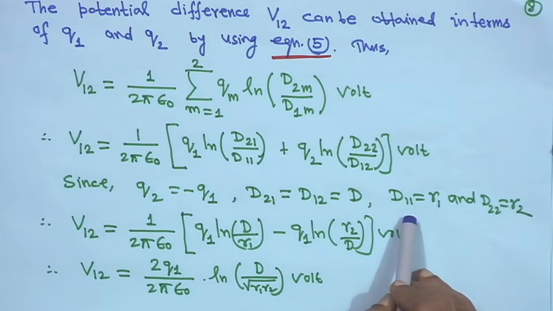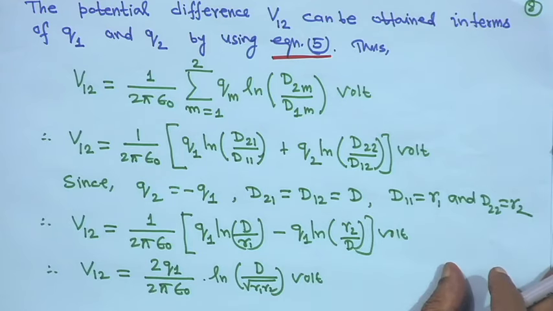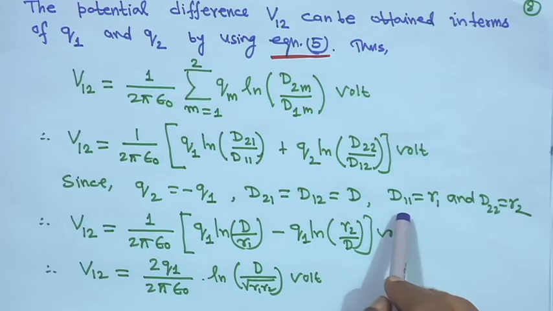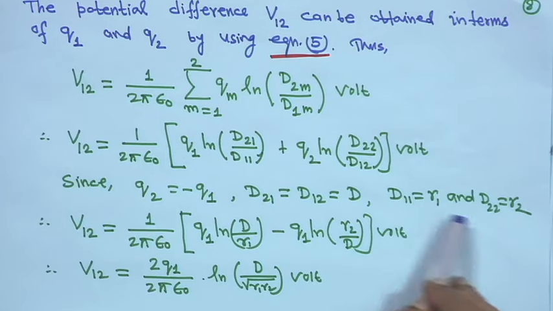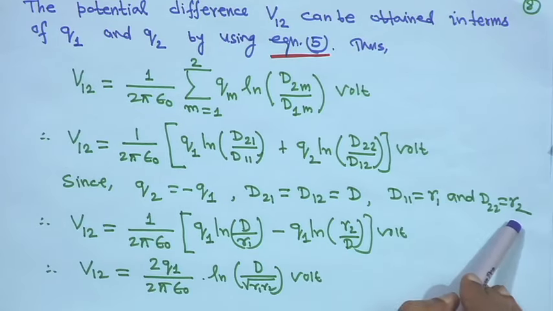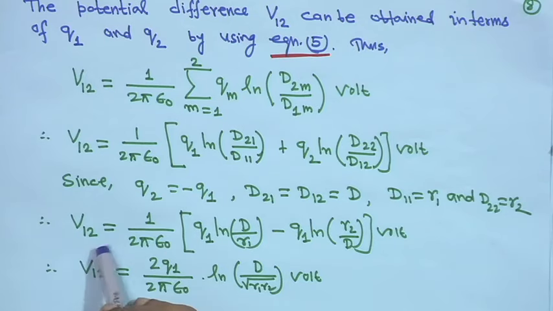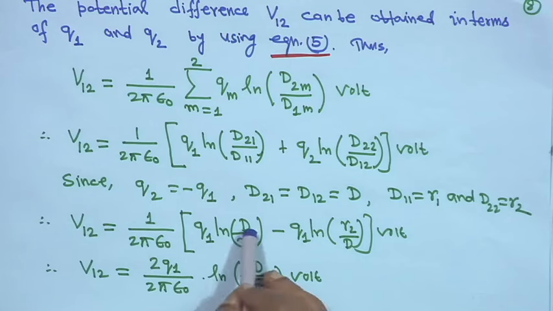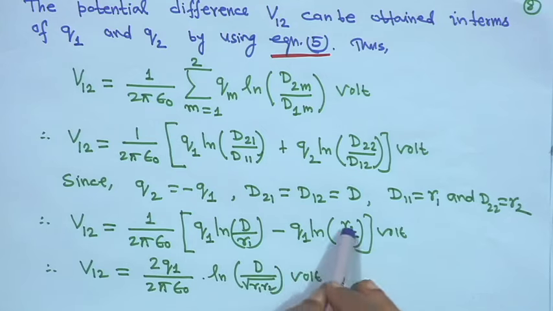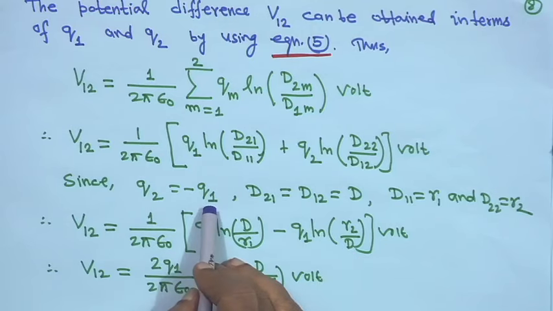I told you that if i is equal to m, then dmm is equal to r. So, d11 is equal to r1 and d22 is equal to r2. Therefore, V12 is equal to 1 upon 2 pi epsilon 0, q1 ln d upon r1 minus q1 ln r2 upon d, because q2 is equal to minus q1.